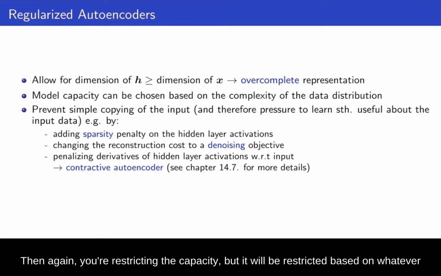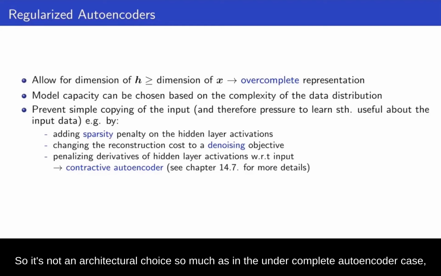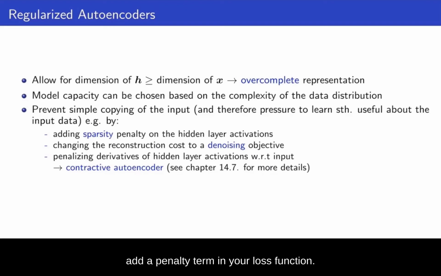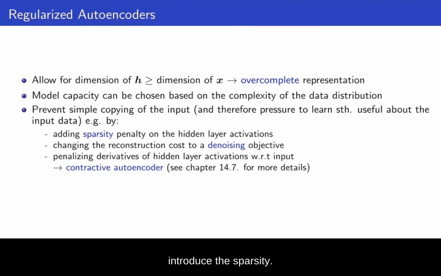Then again, you're restricting the capacity, but it will be restricted based on whatever input data you get. So it's not an architectural choice, as in the undercomplete autoencoder case, where before you have to decide how big the hidden layer is; instead you add a penalty term in your loss function. And that will decide, based on whatever input you see, how much it makes sense to actually introduce this sparsity.